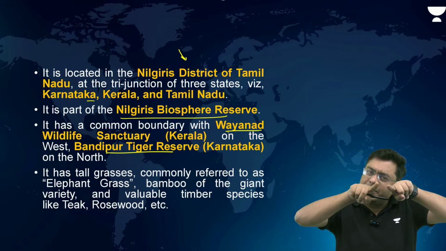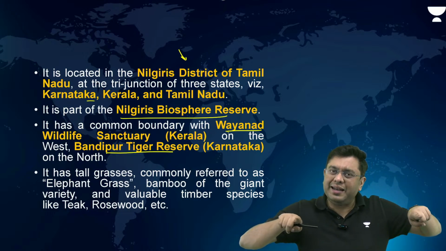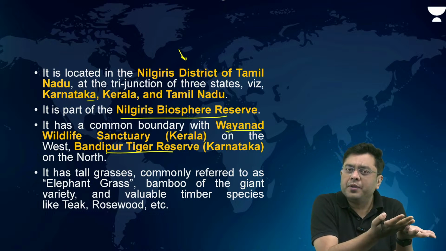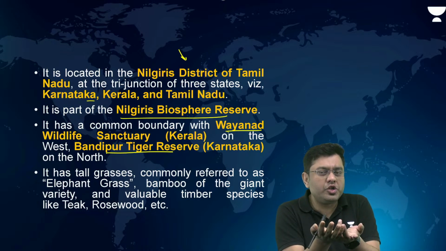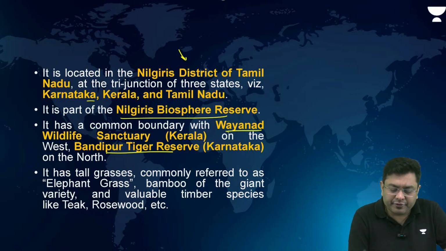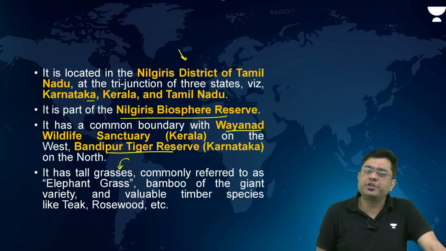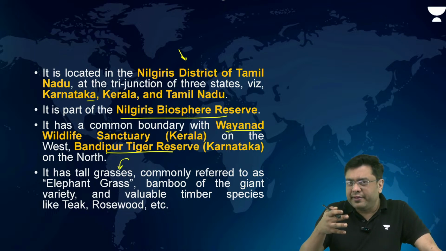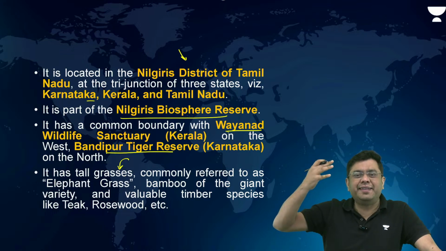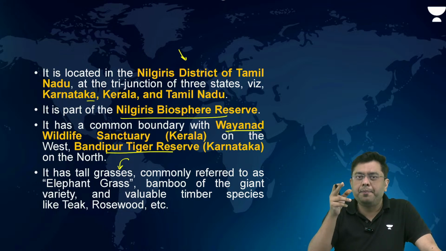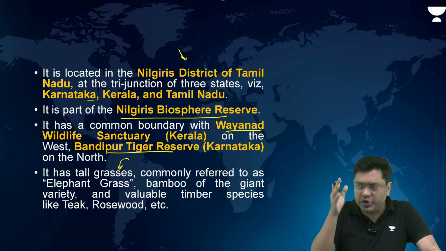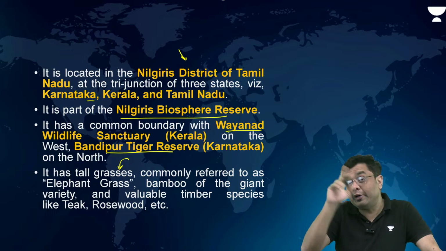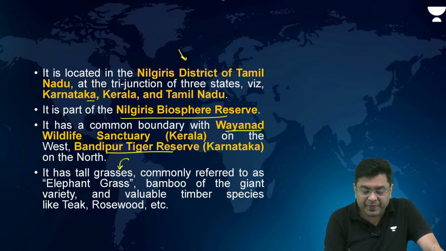Because the region is situated on both sides of the Nilgiris, one side will be windward, the other side will be rain shadow area. So you will observe grassland ecosystem, normally known as elephant grass. Elephant grass is the one which can grow many centimeters in one day due to the availability of enough moisture. Otherwise, they will be very dry. Something that you find in Kaziranga as well, by the way.